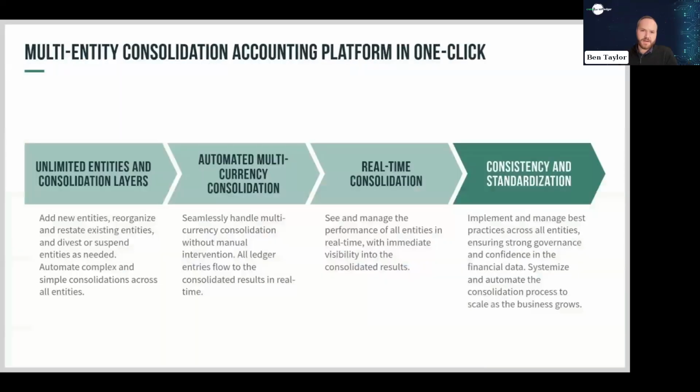Great, yeah, and layering onto that, how SoftLedger helps to consolidate these multiple entities as fast as possible and in real time when possible is we have the ability to have a lot of entities.